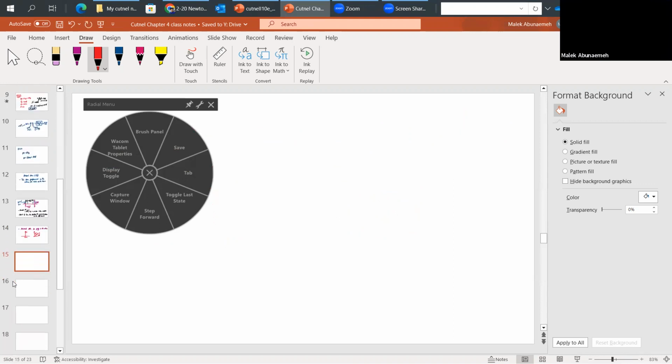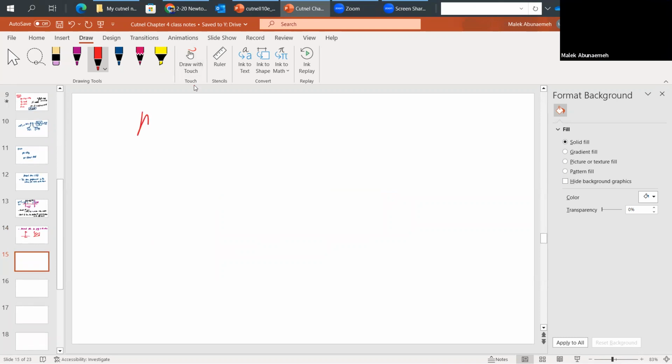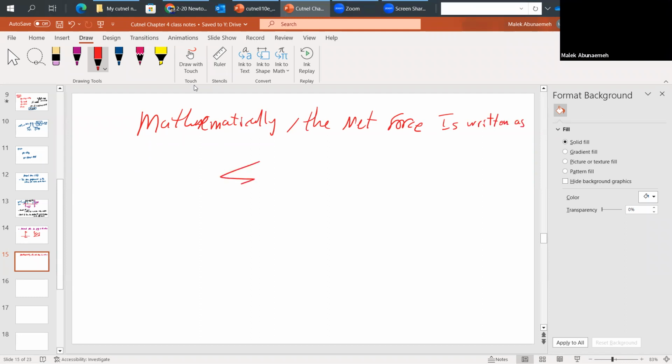Now, when we talk about the net force, mathematically, the net force is written as your sigma F. Now, at equilibrium, the summation of all your forces is going to equal 0.